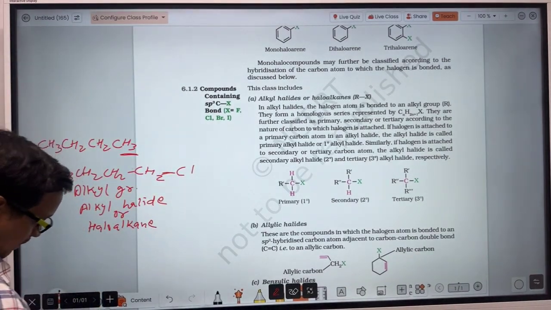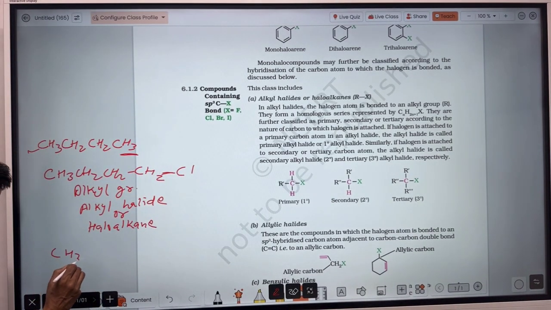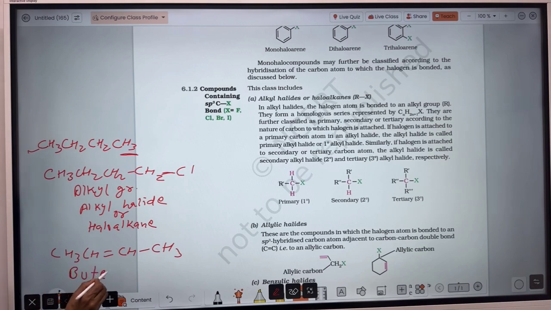Now in the same way, if we take butene, it is butene because in the compound there is a double bond.